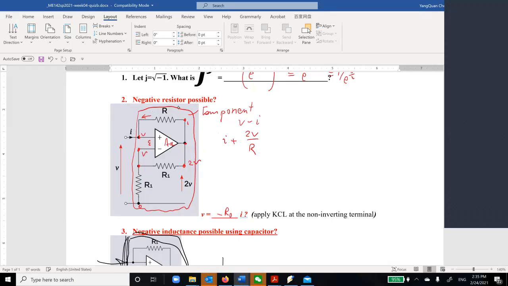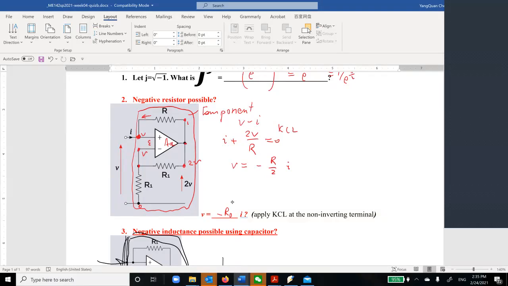So this is 2V divided by R, this one is 0. So this is KCL at this point, okay? At this point. So therefore, I can write down V equals minus R divided by 2 times I.